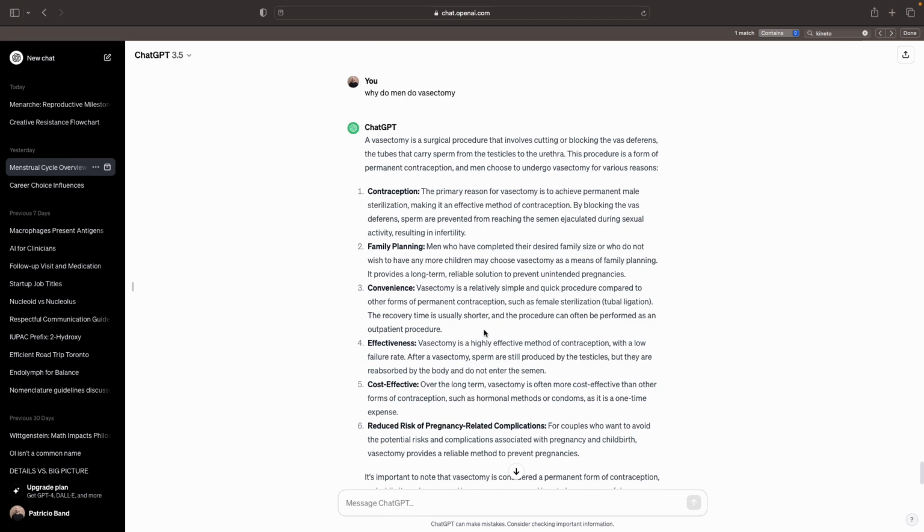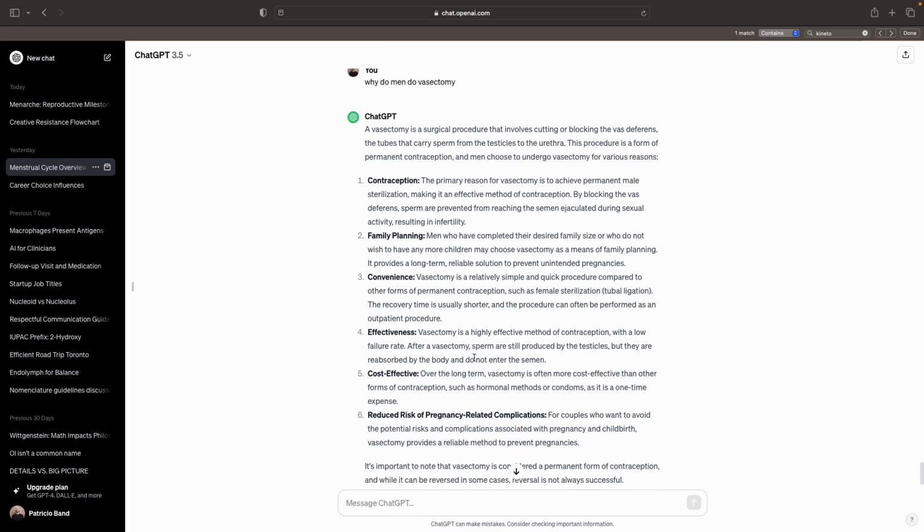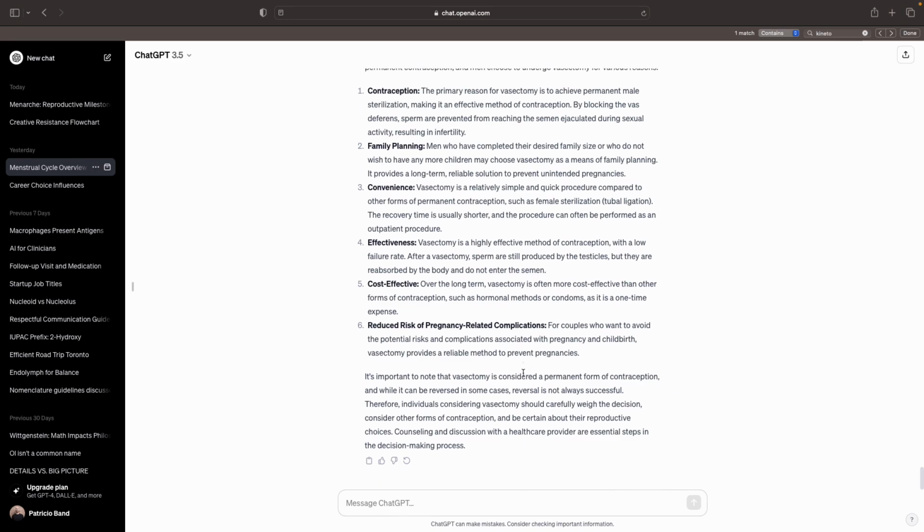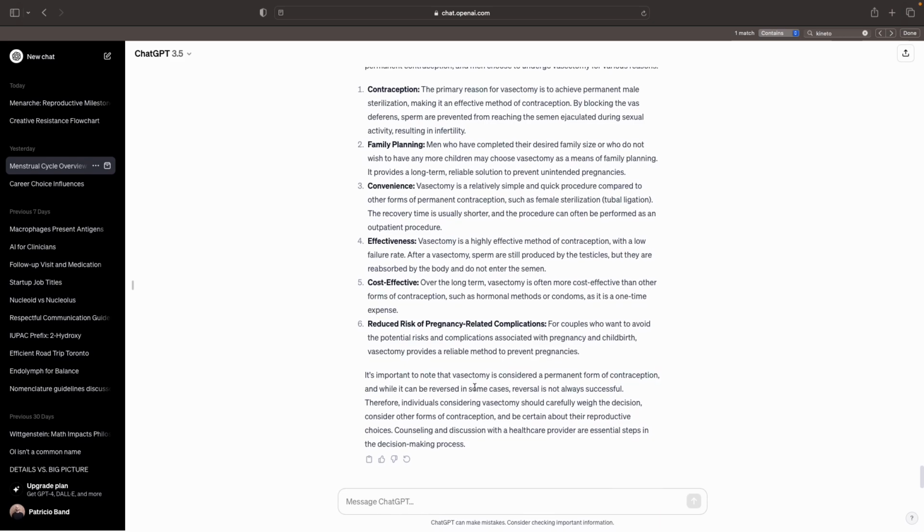Recovery time is usually shorter. Effectiveness, fewer pregnancy-related complications. Reversal is not always successful.